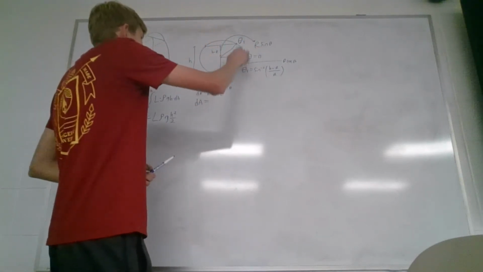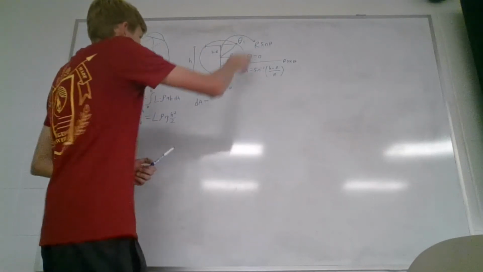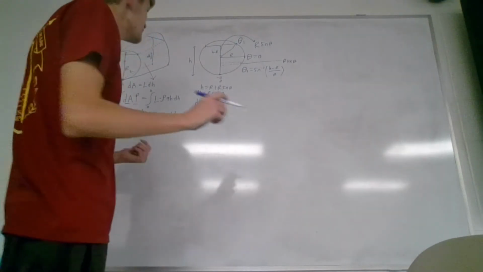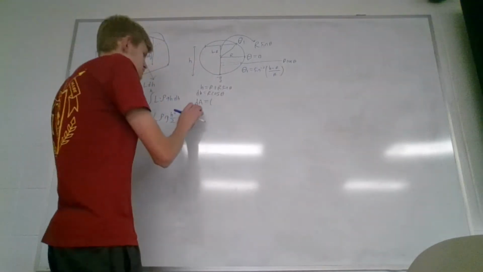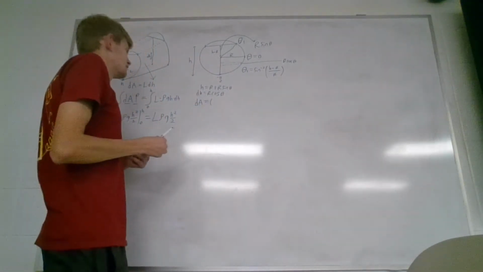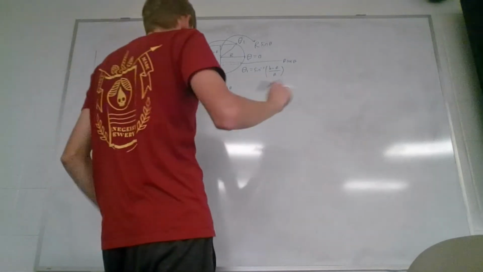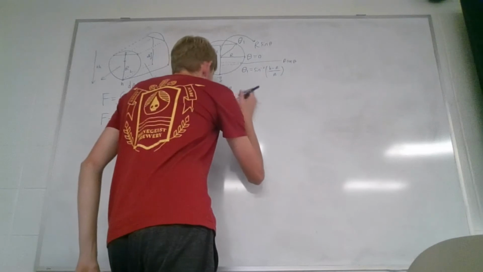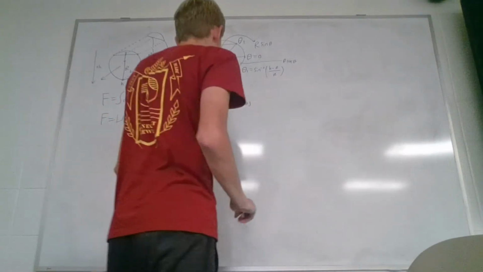That area is going to vary depending on where that distance is throughout this sort of half of the circle here. So with these two things, we can immediately say that our change in area is equal to our radius times cosine theta times r cosine theta.